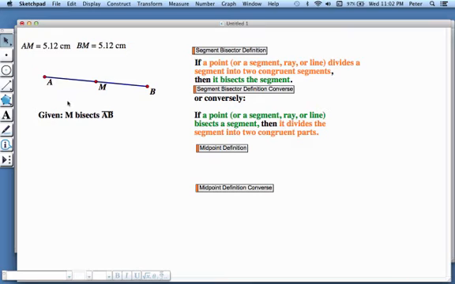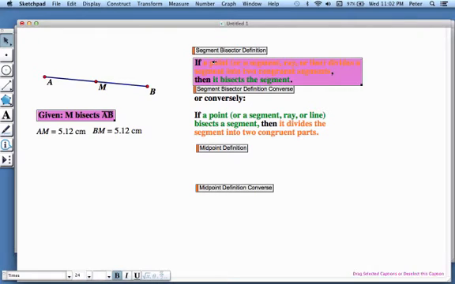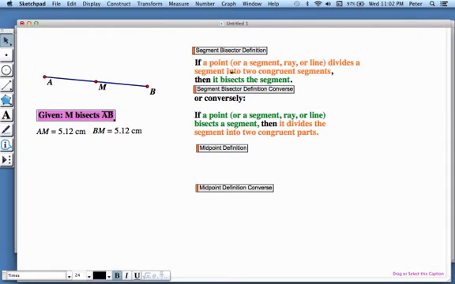So here, our given would be that M bisects AB, and our conclusion would be that the two segments were congruent. So it all depends on what information you're given. Whatever you're given, that becomes the if portion of your definition.